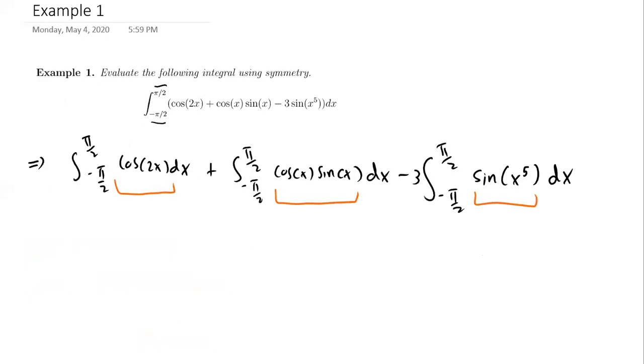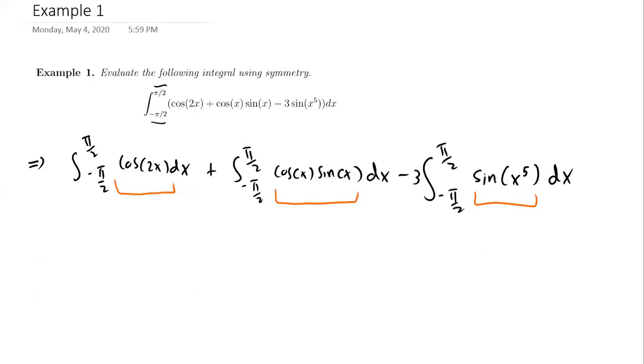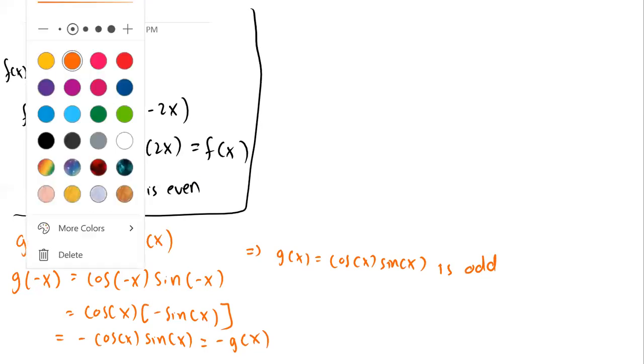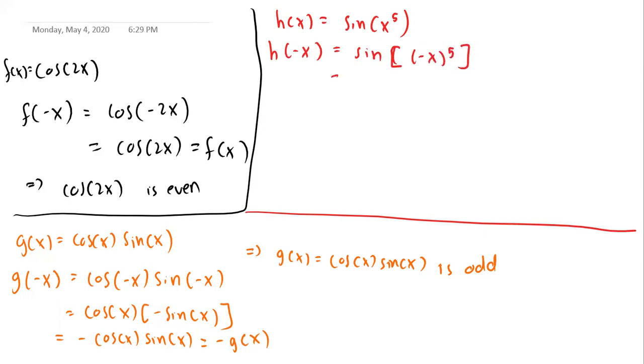Finally, the other function was sine of x to the 5th. So let's call it h of x. H of x equals sine of x to the 5th. And again, we do the same check: plug in negative x and simplify. It's going to be sine of, let me use brackets here, negative x to the 5th. Now, we're multiplying negative x by itself 5 times.